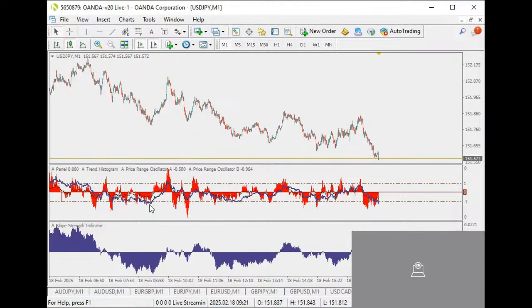So here the oscillators reached the threshold level, but the reversal was not maintained. There was no lengthy reversal. Not the word I want to use, but it doesn't come to mind.